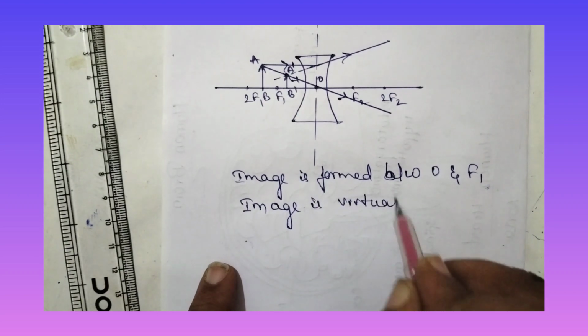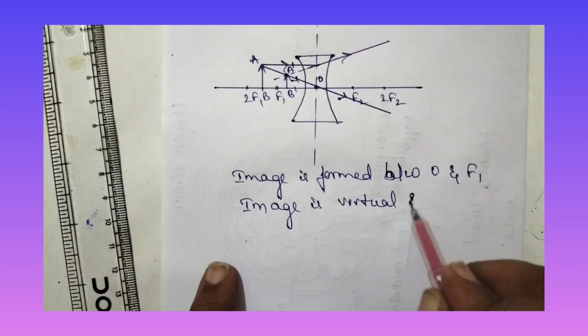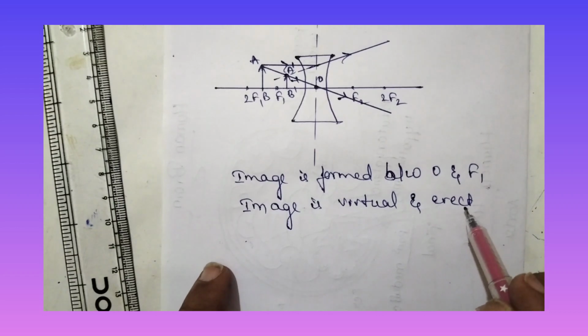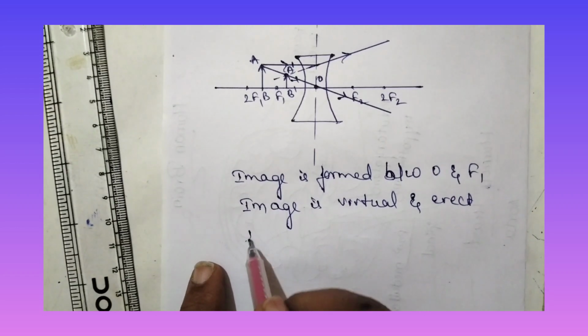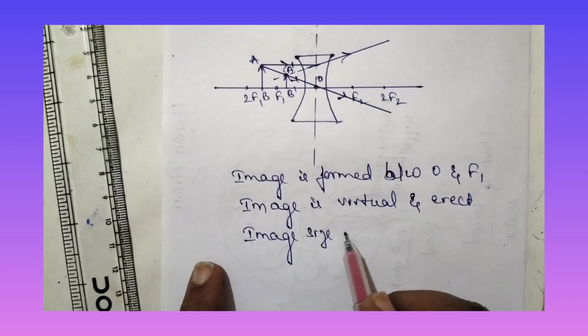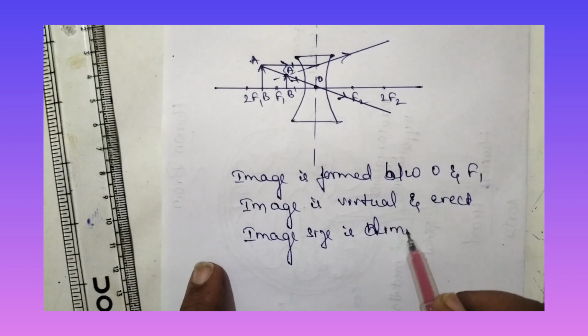That means in a concave lens, a virtual image is formed. So the image is virtual and erect in both the cases. What about the image size? In the first case, highly diminished.